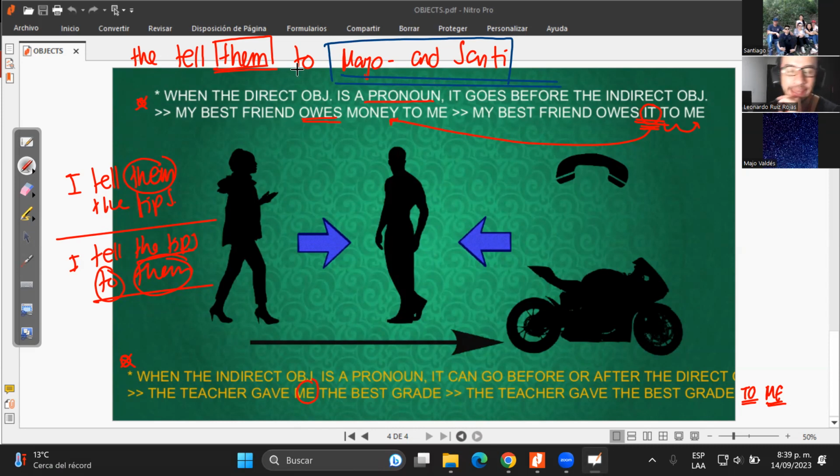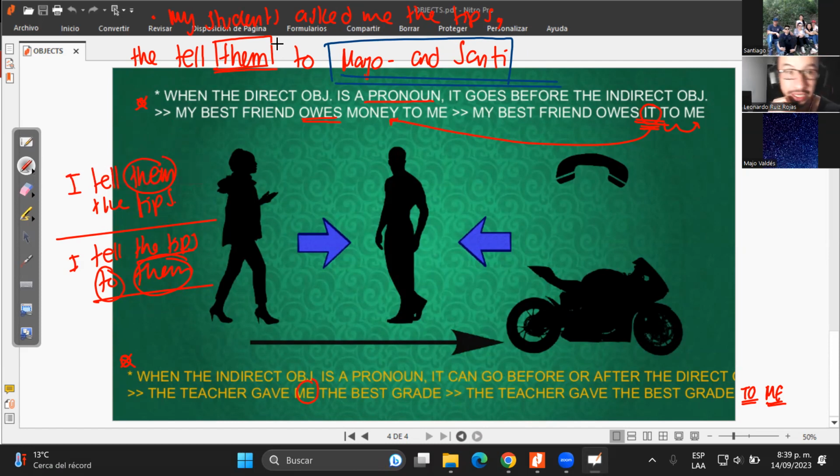When I say "I tell them to," am I referring to, let's suppose the previous question was, my students ask me the tips. In that case, "them" is the students, right?